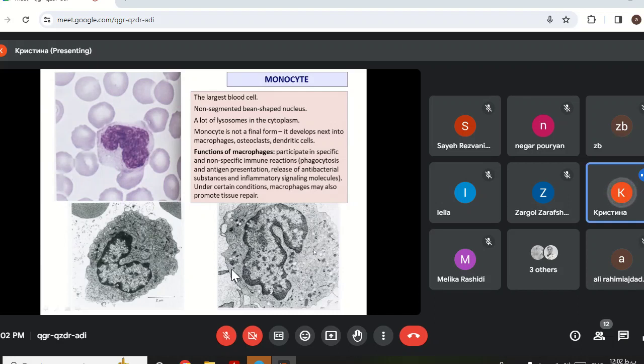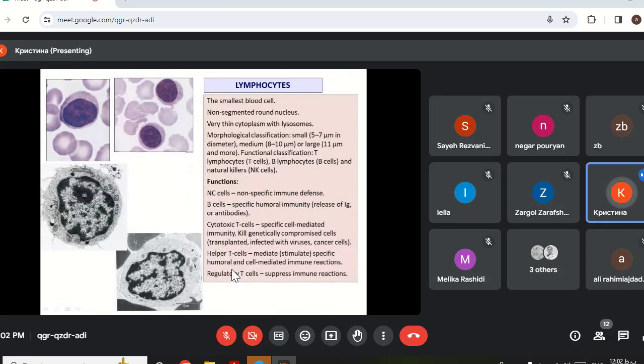Monocytes have a lot of lysosomes because when they convert into the final form, the macrophage, it will perform a lot of phagocytosis, and during phagocytosis, the engulfed particle, for example eaten bacteria or a dead cell, should be digested inside the cytoplasm of the macrophage with the help of lysosomes. So, monocyte has a lot of lysosomes for performing the function of phagocytosis when it becomes the macrophage.